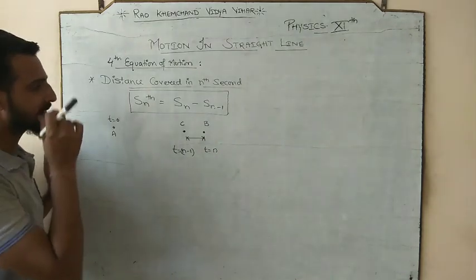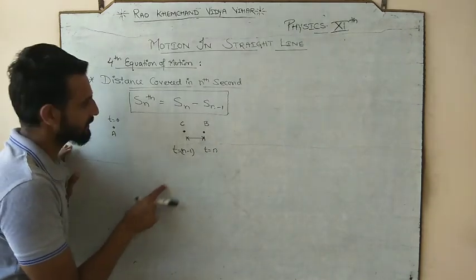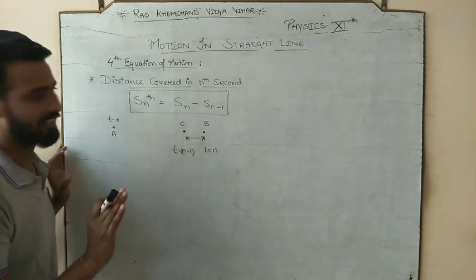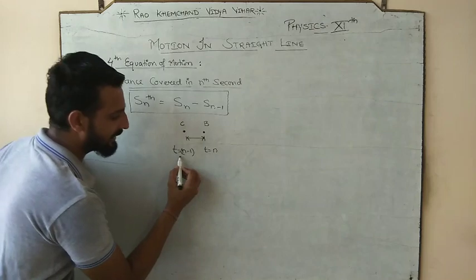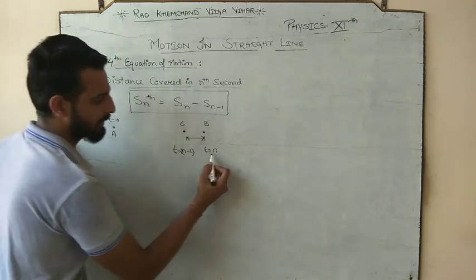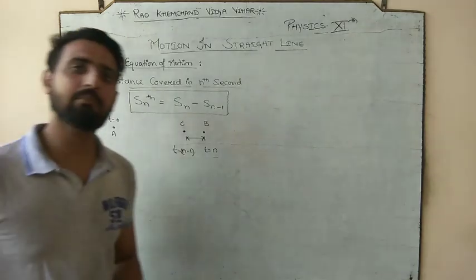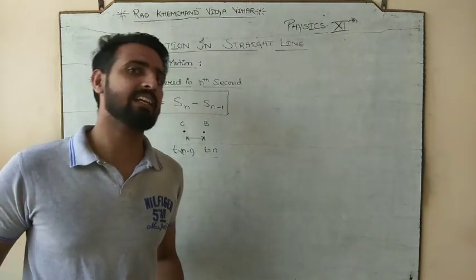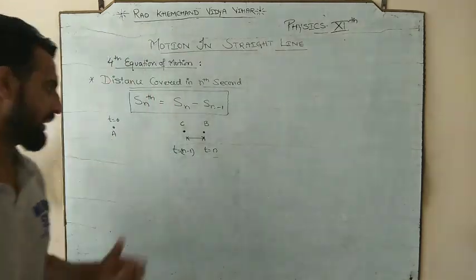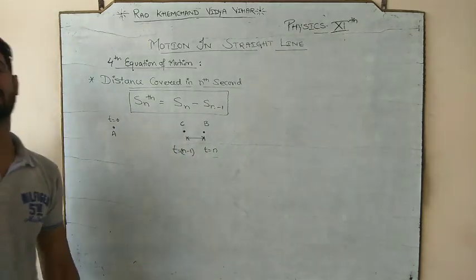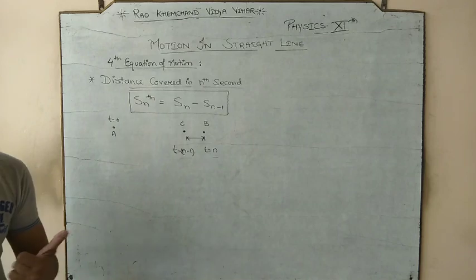Similarly, distance covered in nth second means we have to find the distance from t equal to n minus 1 to t equal to n. We have to find the distance from here to here. This distance would be called the distance covered in nth second.